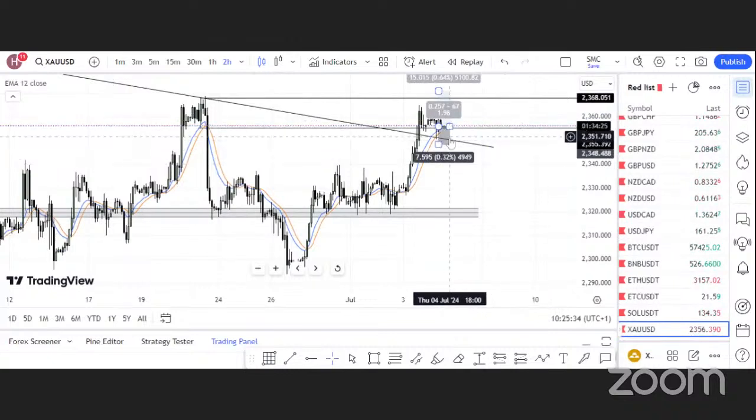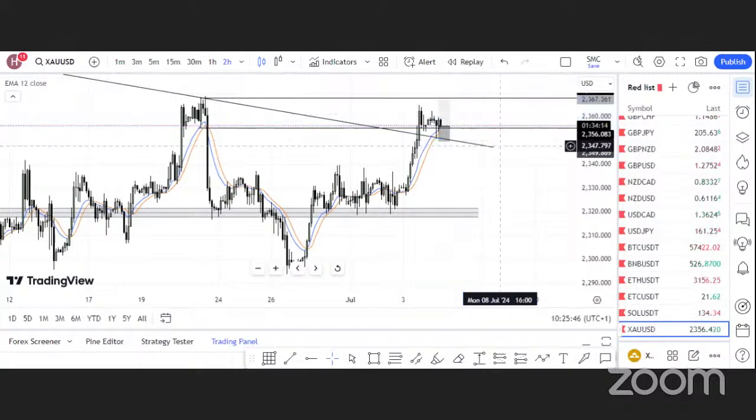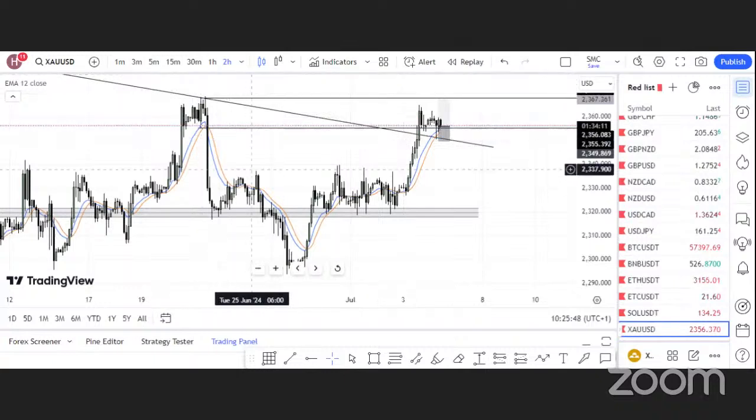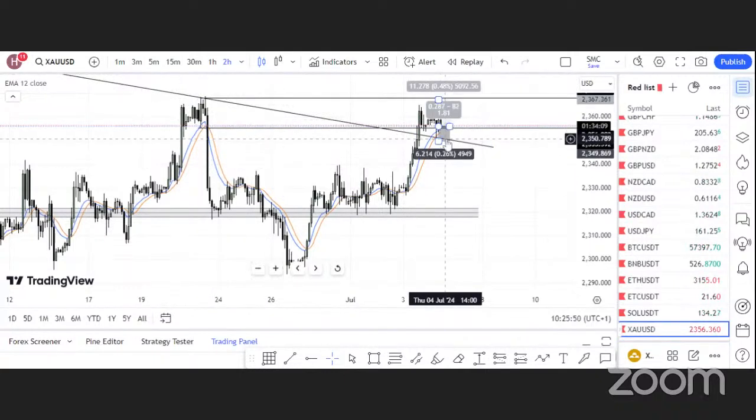But for me, I've had more than enough confirmation to place a buy trade here. One of the things I got is my trend line first, which indicates that there's a break of structure, and the retest is currently happening.